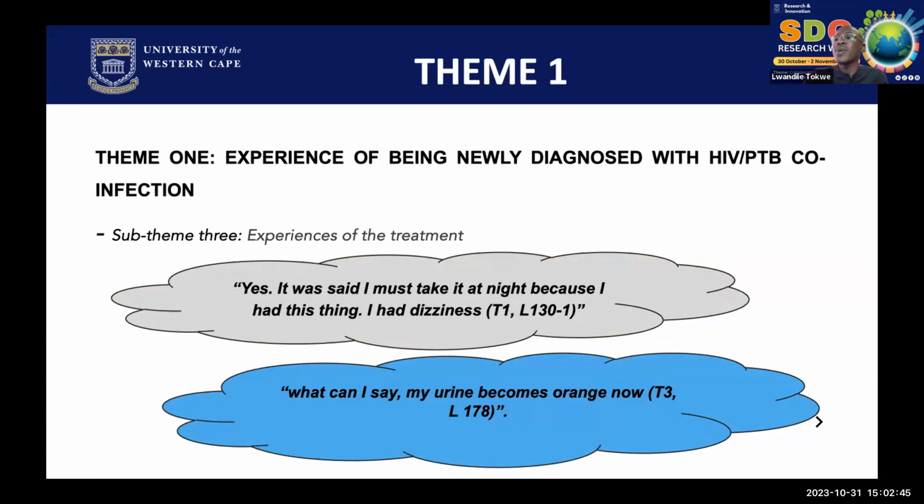Some of these participants verbalized that while they were experiencing these side effects, they felt frustration because they were not prepared for the side effects, which resulted in them defaulting on the medication. And these are some of the representative quotes that these participants used in describing their experiences on their treatment, both for HIV and pulmonary TB co-infection.